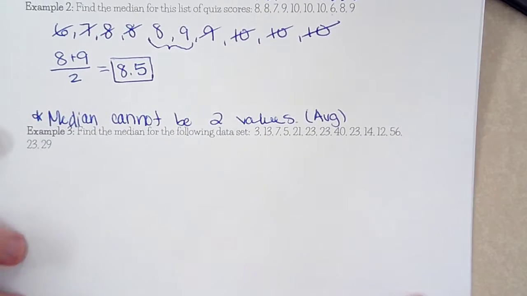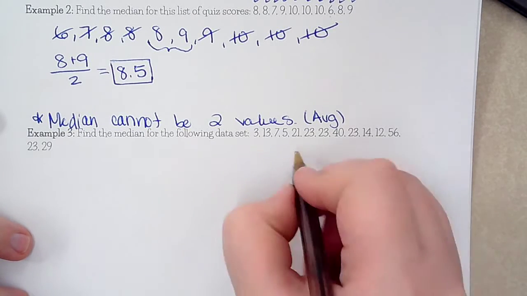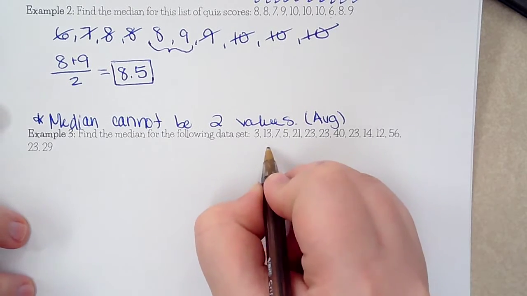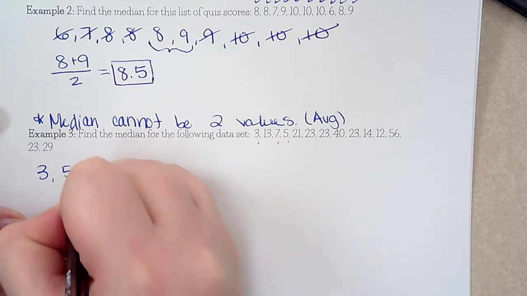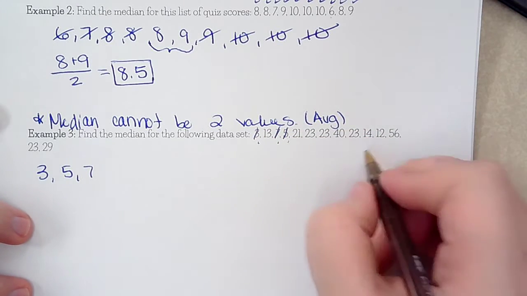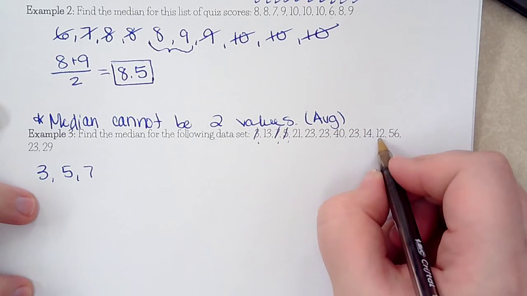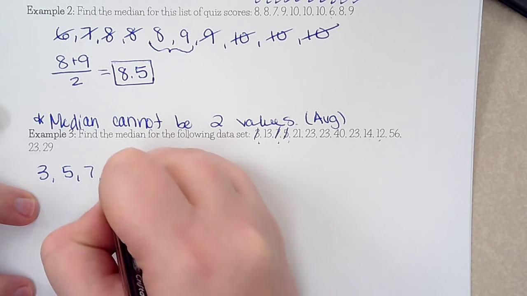All right, one more. Find the median for the following data set. All right, this one again is not in order, so let's put them in order. I've got a 3, a 5, a 7. I'm going to cross them out as I go. Looks like I've got a 12, a 14, a 21.